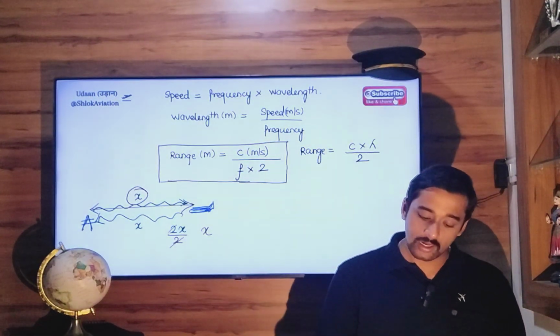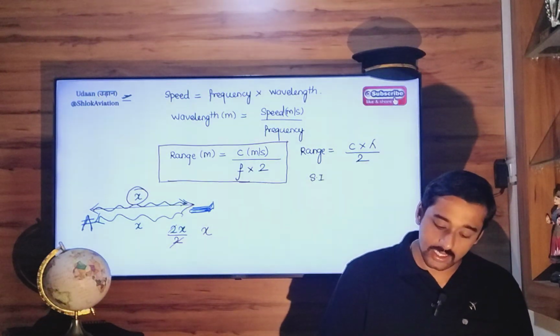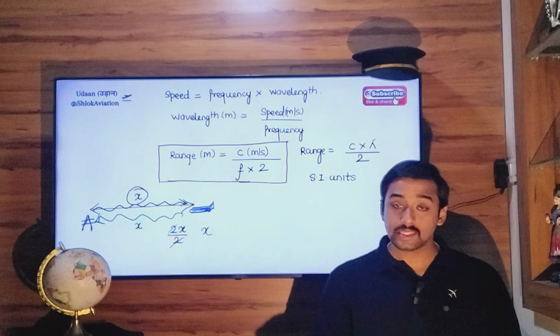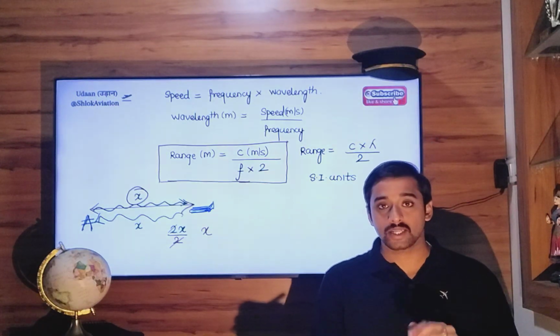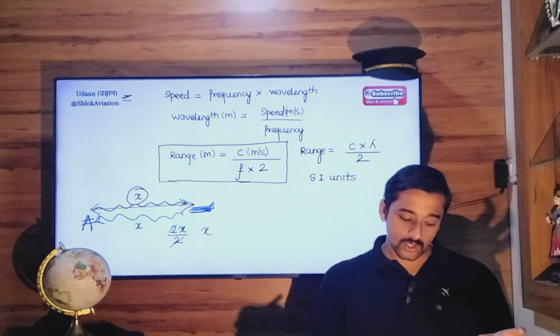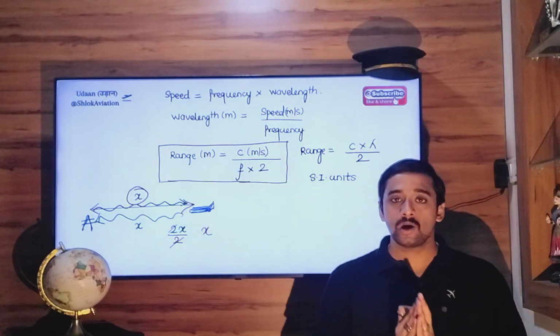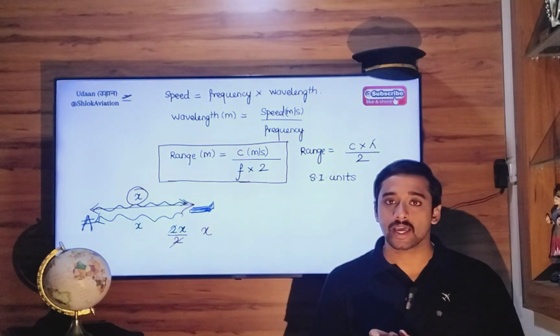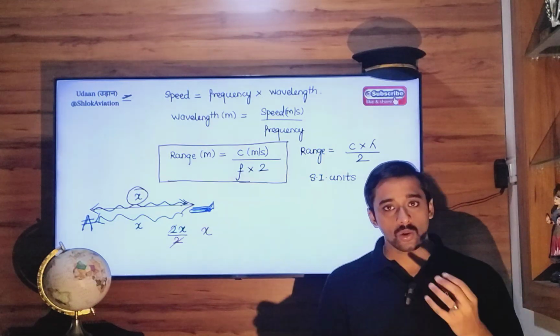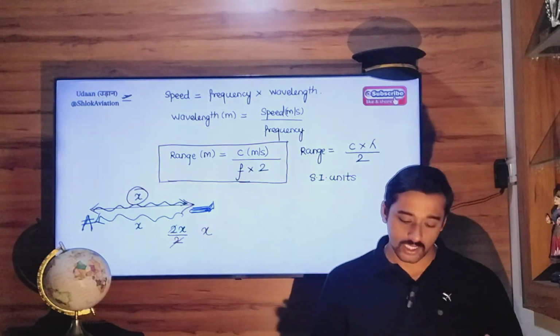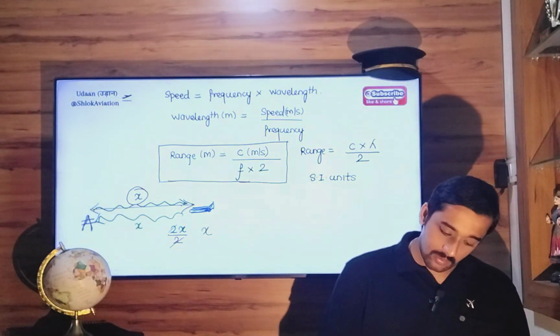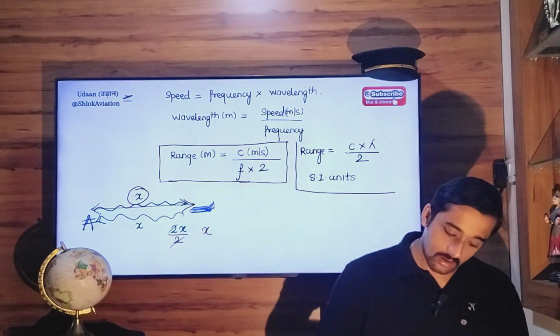All the units will be SI units: meters, seconds. In place of microseconds, it will be seconds. In place of kilometers or nautical miles, it will be meters. Later, at the final stage of a calculation, we can convert that into nautical miles, knots, microseconds, whatever. So remember this concept and this formula.